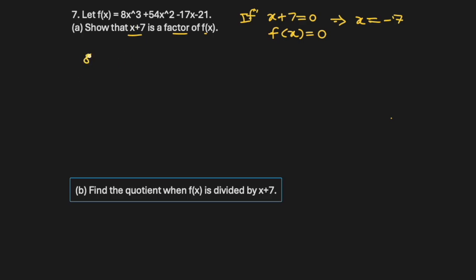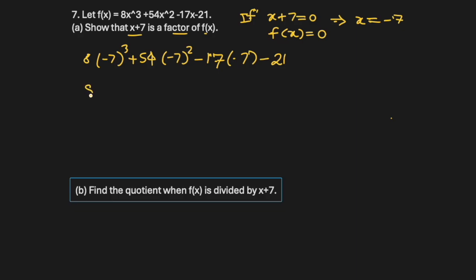So I'll write 8 times minus 7 to the power cube plus 54 times minus 7 squared minus 17 times minus 7 minus 21. Sorry for this delay. It should be equal to 0.